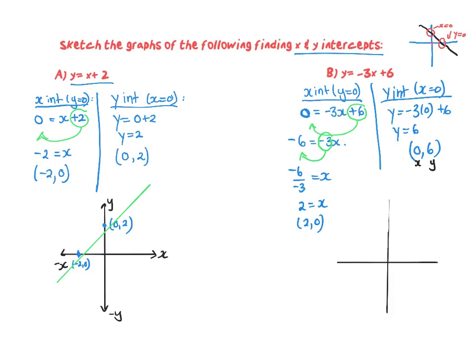So I've got when x is 2, so 1, 2, there you go, 2, 0, and y is 6, so I'm just going to say it's roughly up there, so 0, 6, and then we can join the dots with our ruler, and we've sketched the line. So line your ruler up, join the dots, and then sketch the line. Okay, there you go.